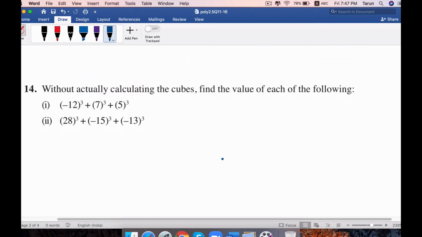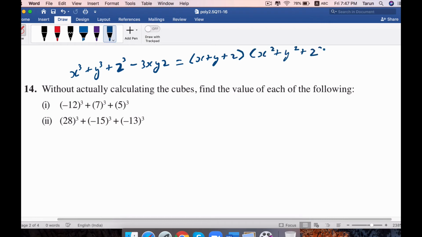Moving to question 14. Now, it is actually also derived from the same equation, which says that if I have x cube plus y cube plus z cube minus 3xyz, it should give me x plus y plus z, then x square plus y square plus z square minus xy minus yz minus xz.